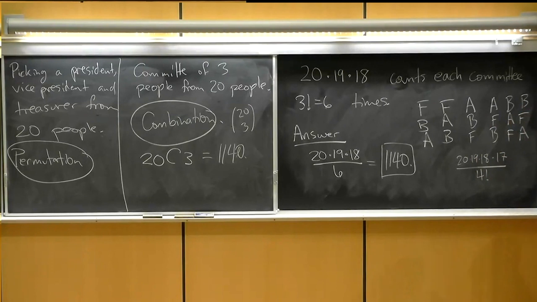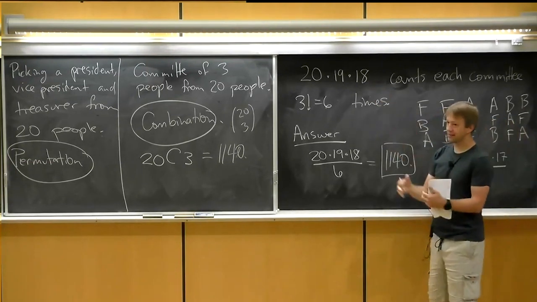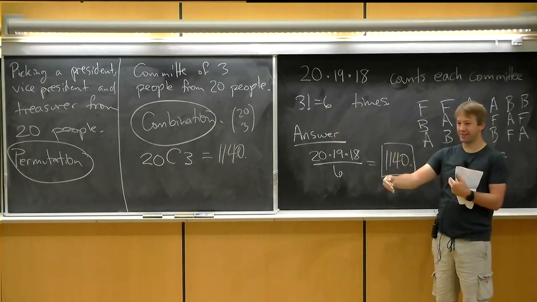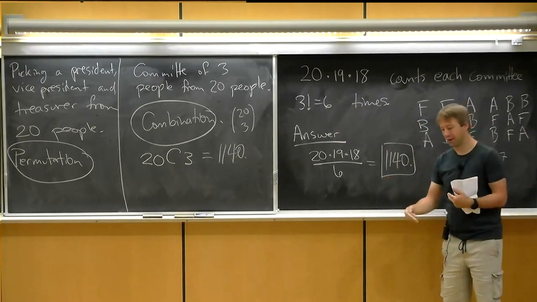Yeah. Because if every committee gets counted 6 times, then the answer here is 6 times as big as it should be, not just plus 6 from what it should be, or plus 5 or whatever.